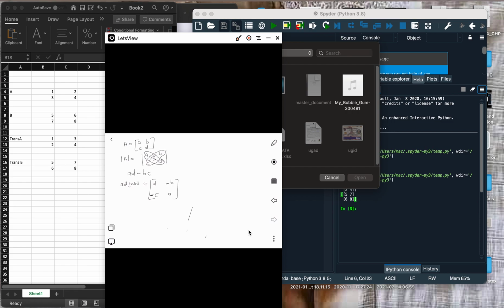So once we have the adjoint and we have the determinant, then we can find our inverse, which is equal to 1 over the determinant times the adjoint of our matrix.